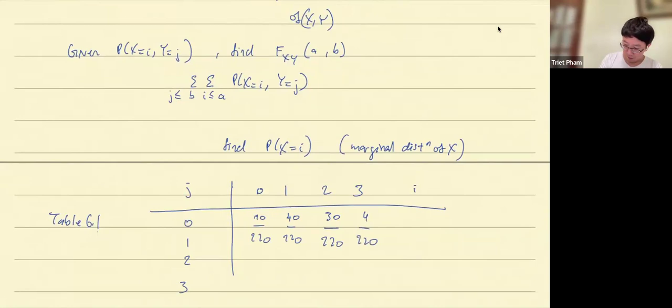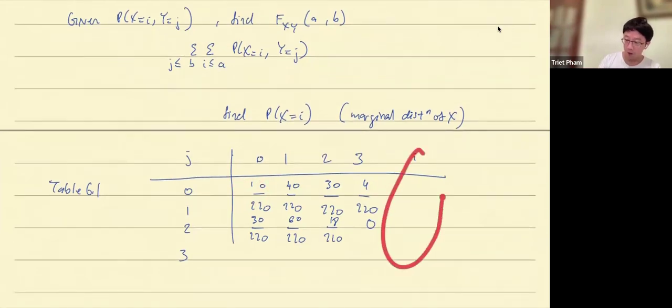and then 30 over 220, 60 over 220, 18 over 220, 0, and so on and so forth. Basically, each entry is a probability that X equals this value and Y equals this value. And the distributions of X and Y are calculated over here.